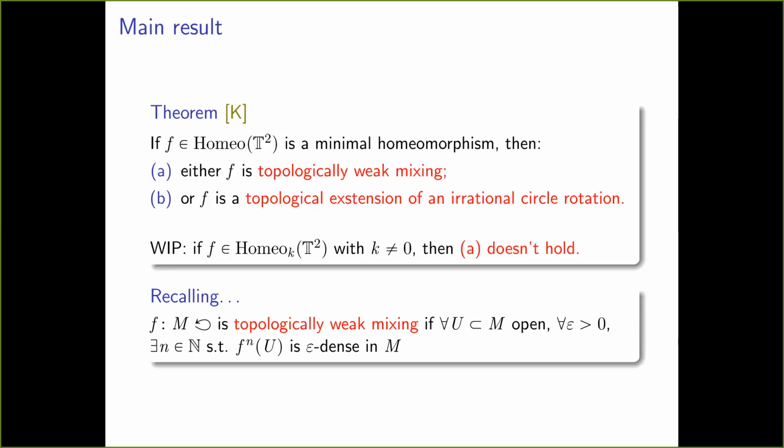If you are in a metric space, for instance M, you say it's topologically mixing if every open set becomes epsilon dense for a certain iterate. Of course, you cannot have both conditions here, because rational rotations are not topologically weak mixing, but you have this dichotomy.